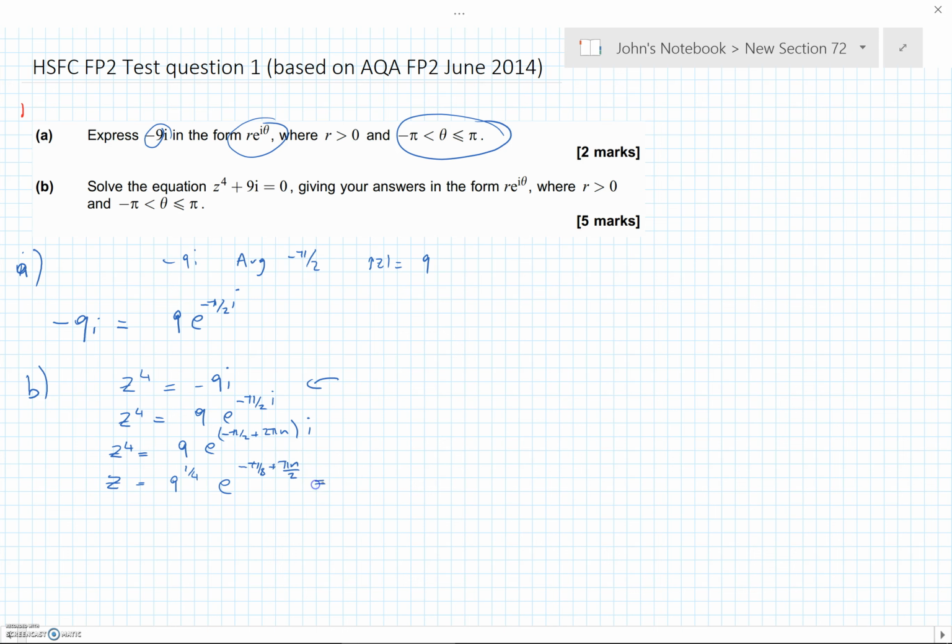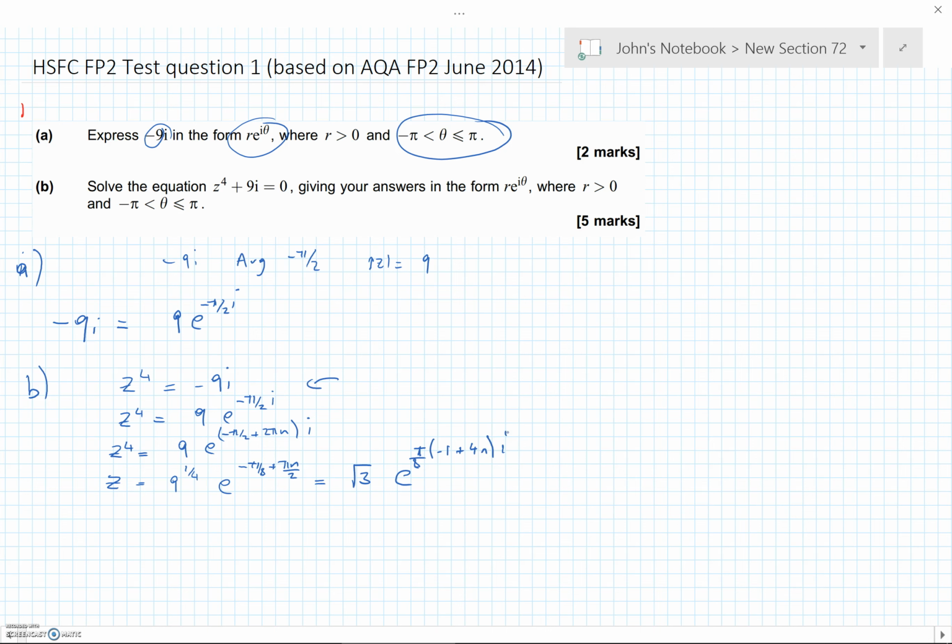We can simplify that too. 9 to the power of a quarter is equal to the square root of 3, e to the i pi over 8, bracket, minus 1 plus 4n.